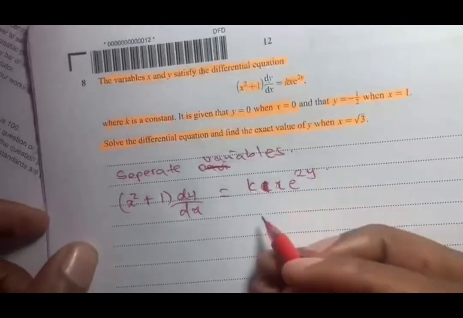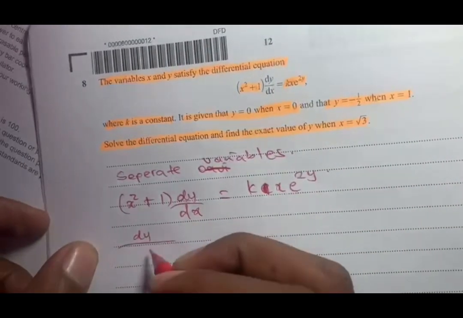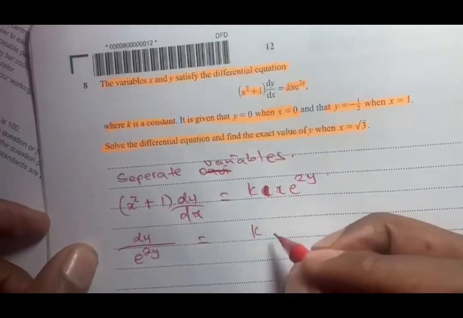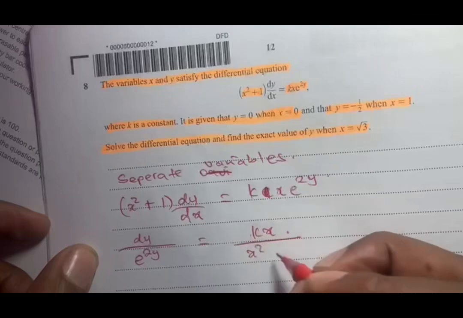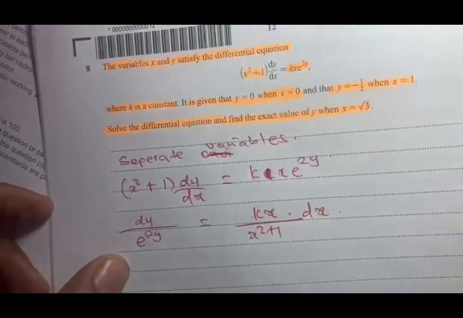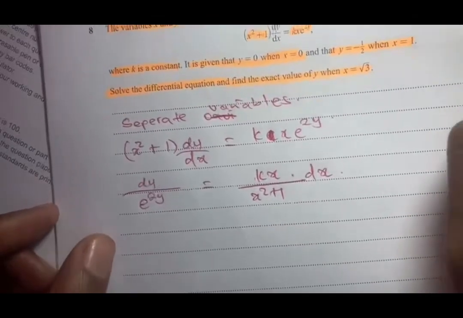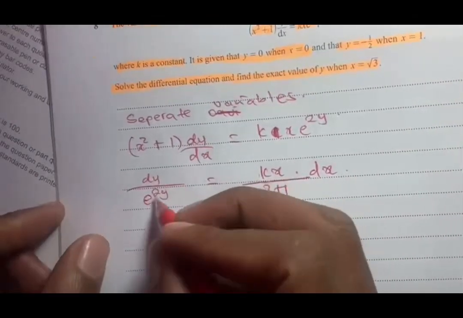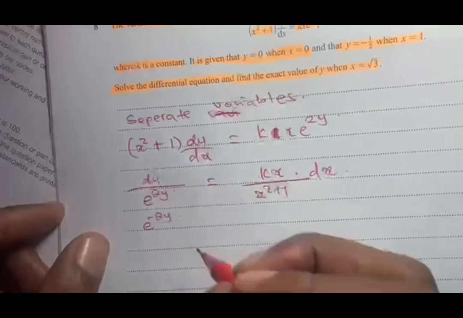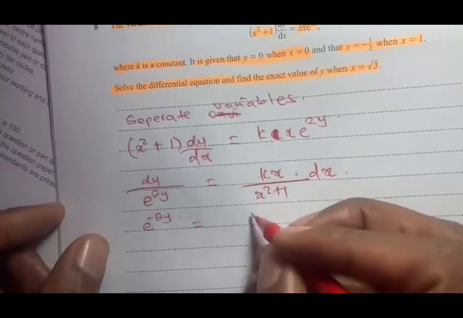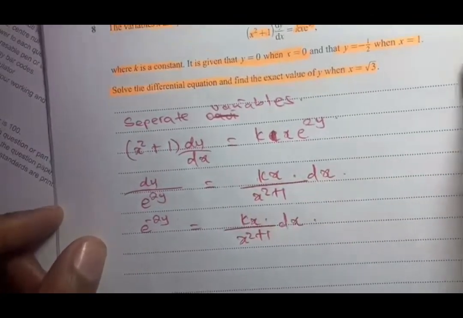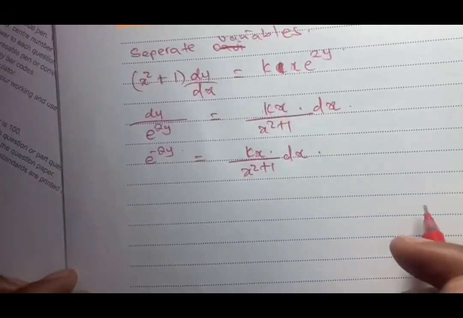So we have dy over e to the power of 2y equal to kx over x squared plus 1 dx. So we managed to separate the variables in x and in y. We can actually bring the exponent of 2y up, so we have e to the power of minus 2y dy equal to kx over x squared plus 1 dx. So that's what I get if I manage to separate the variables.